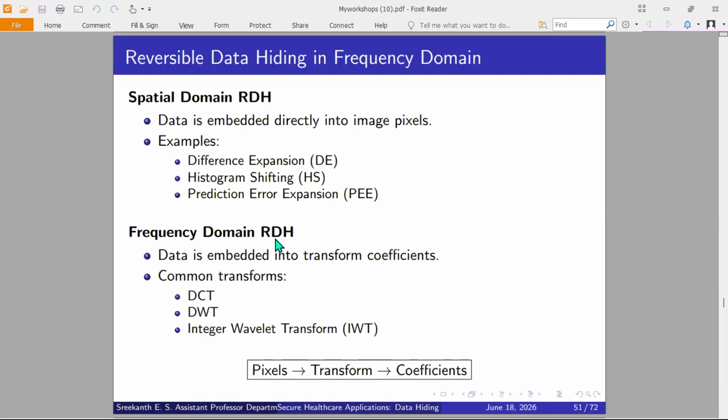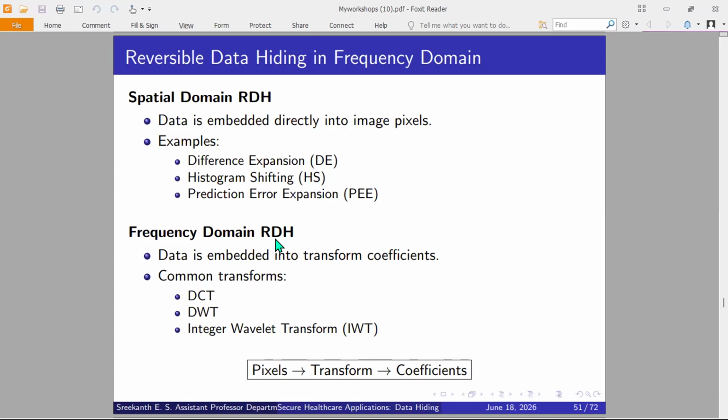Next, another topic is reversible data hiding in the frequency domain. What we did so far is in the spatial domain, but in the frequency domain also we can do that. But in medical images, normally we are not following the frequency domain, because in the frequency domain exact recovery is difficult.